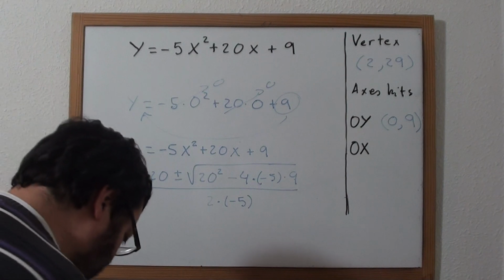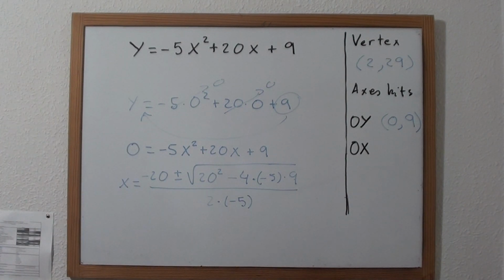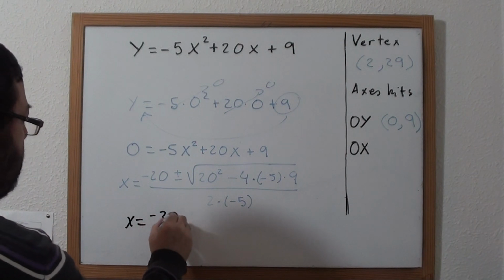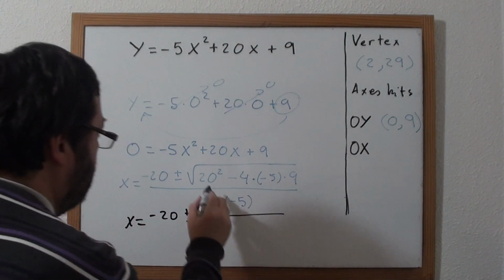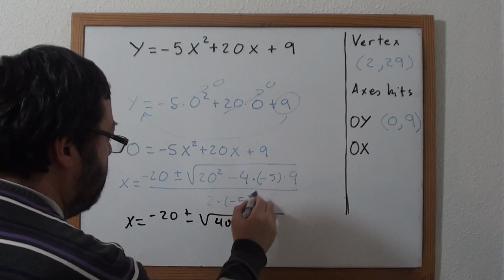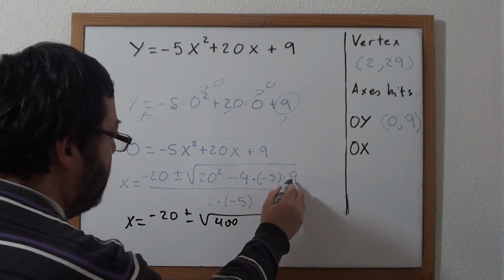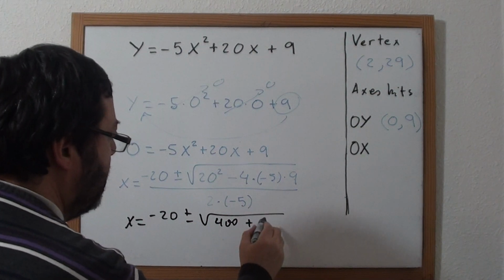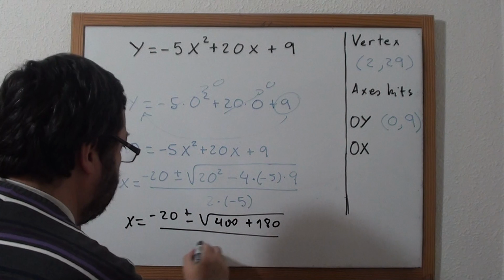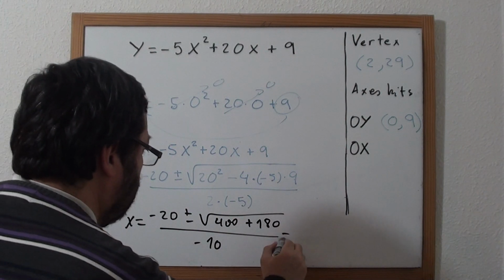Okay, and I think I'm gonna change the marker because it's running out of ink. So let's do the calculations. Minus 20 plus or minus the square root of 20 squared, that's 400. Minus and minus is plus, and that is 20, and 20 times 9 will be plus 180, divided by minus 10.